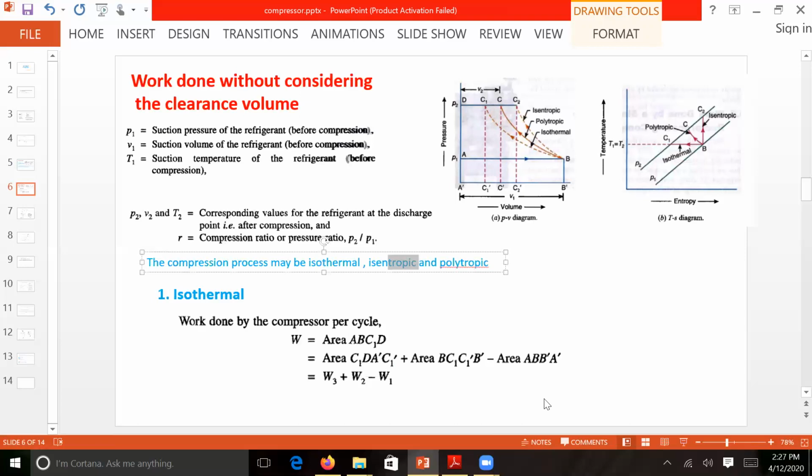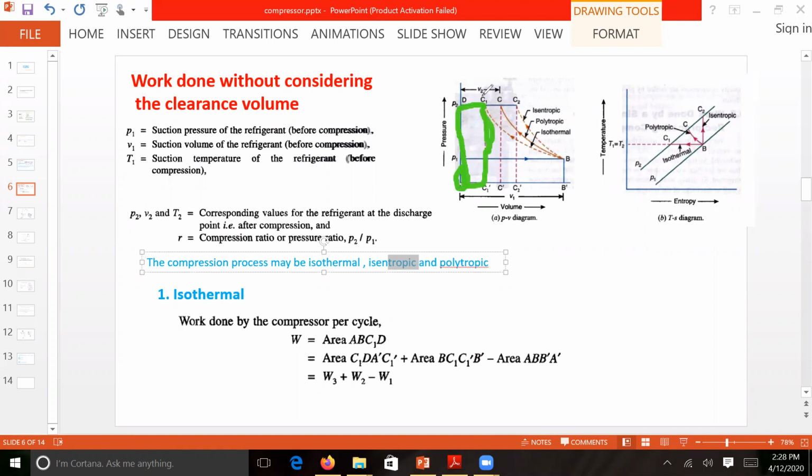Sorry, I'll be annotating so that it will be better. Now the first one is C1, D, A dash, and C1 dash. So this is the first one.